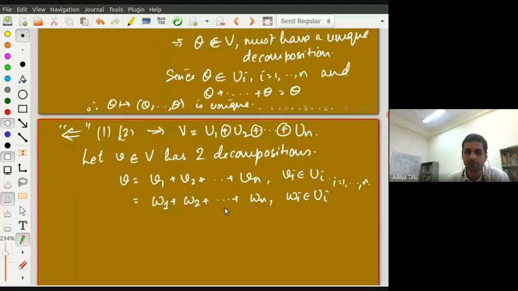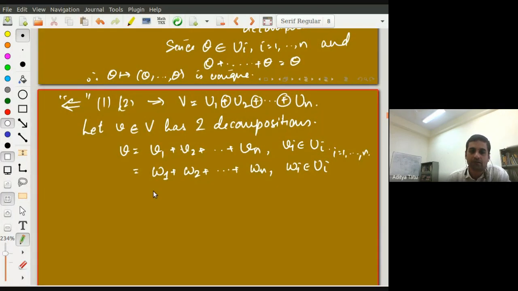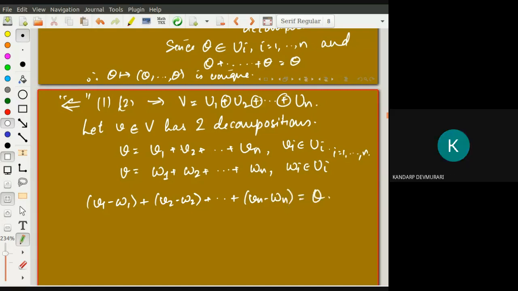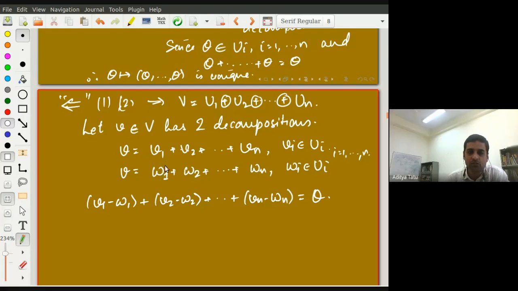Then if we subtract these two equations, what do we get? Theta. And since these are two different decompositions, at least one Vi minus Wi is not equal to theta.